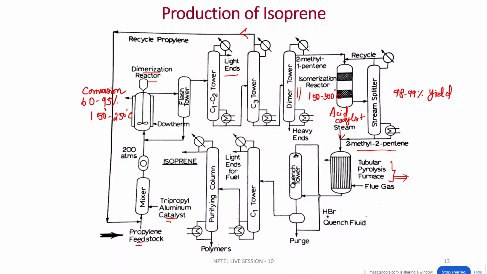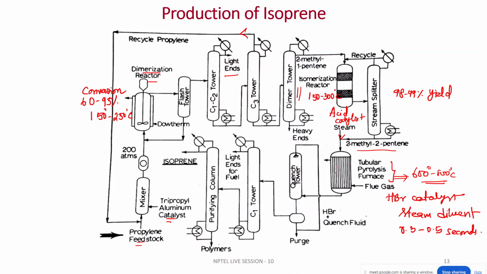The pyrolysis reaction is very endothermic in nature, and we maintain a temperature of around 600 to 800 degrees Celsius, where the pyrolysis of 2-methyl 2-pentene occurs. HBr is used as the catalyst, and steam is used as diluent. The residence time is very short, 0.3 to 0.5 seconds.